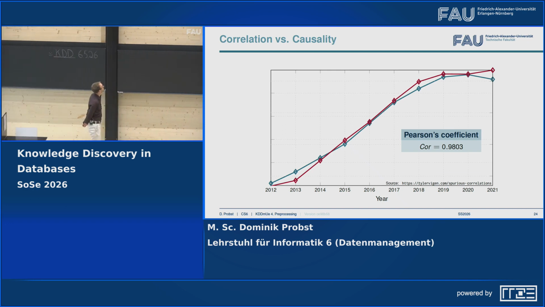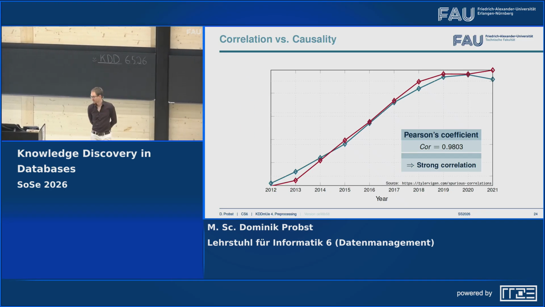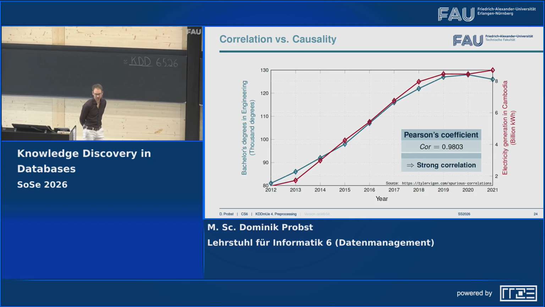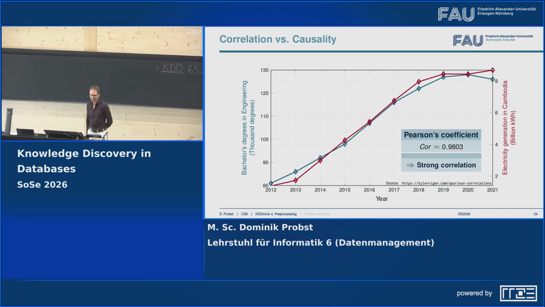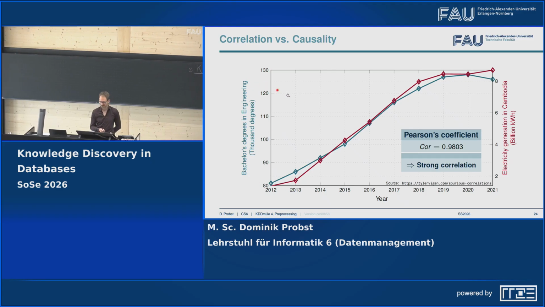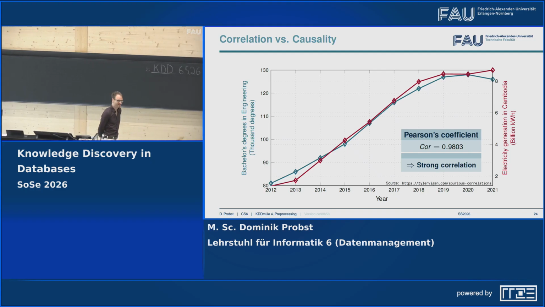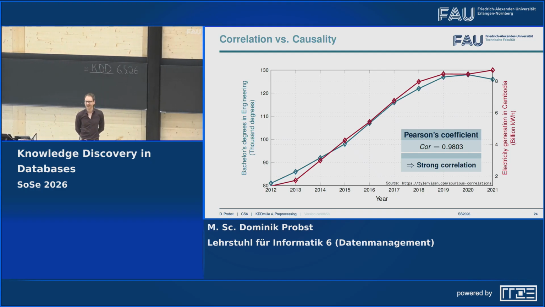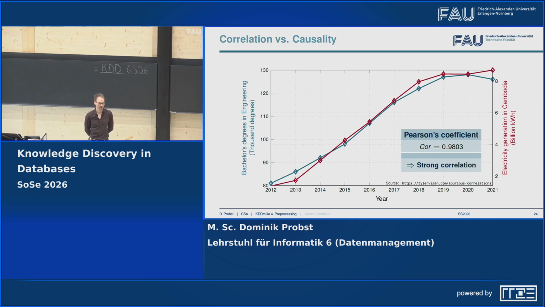If we take a look at what these two graphs show us, we see that the blue graph is the bachelor degrees in engineering, while the red graph is the electricity generation in Cambodia. I guess these two things are pretty obvious that they aren't causing each other.